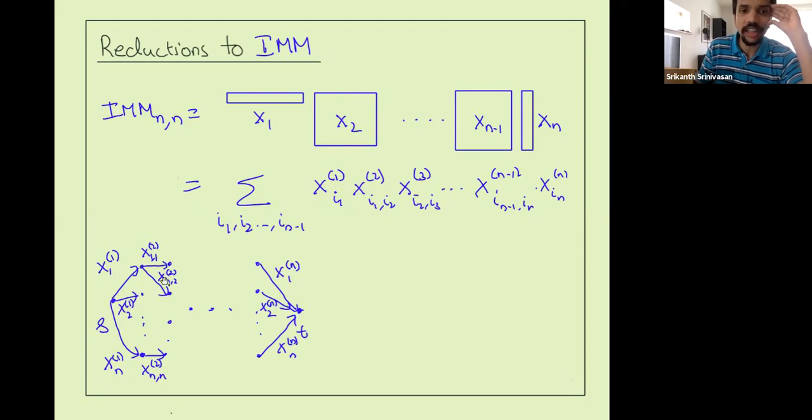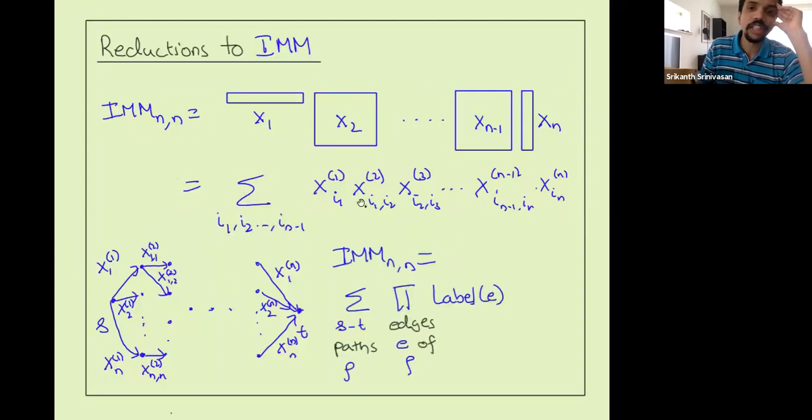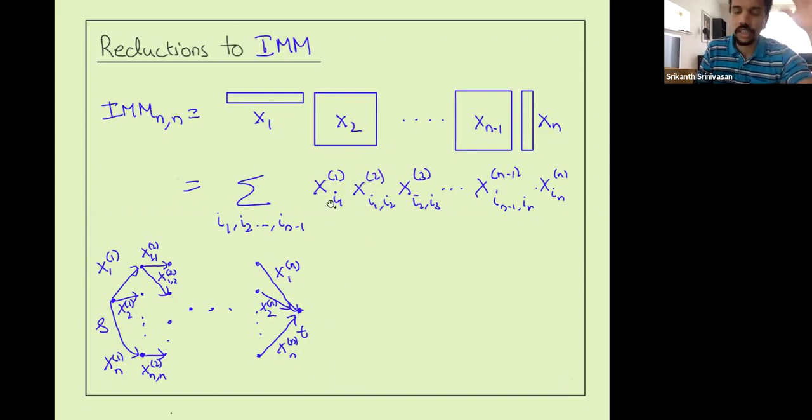What do these n minus 1 layers represent? They represent the choices for the indices I1 through In minus 1.